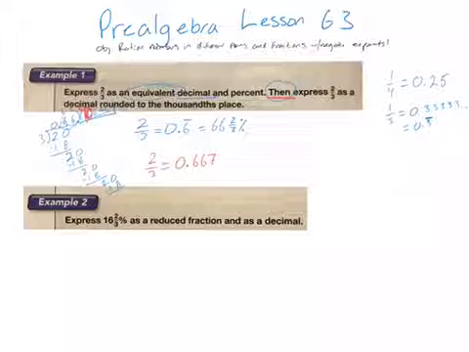Alright, example 2 says express 16 2/3% as a reduced fraction and as a decimal. So as a reduced fraction, remember, if you want to change a percent back to a decimal, you need to divide by 100.